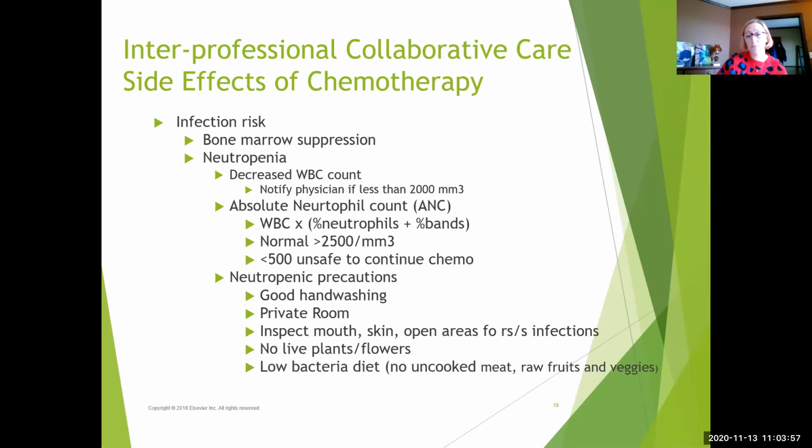But if they start to drop below 500, then it's unsafe to continue their chemo at that time. They might have to take a break and allow their numbers to come back up before they can continue their chemotherapy treatment. For our general patients, we look more at just the white blood cell count, but specifically our cancer patients should be looking at the ANC to determine their risk of infection.